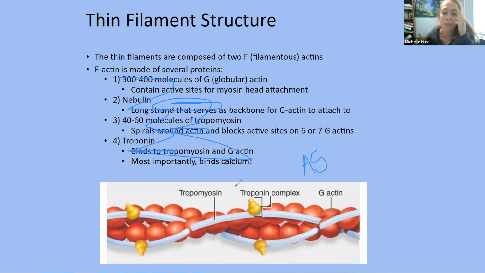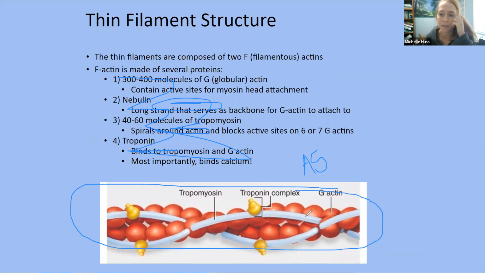So what you're looking at right now, the way that the tropomyosin is holding the actin, you can't see any active sites, so it's not sticky. It's just sitting there and nothing can stick to it. We'll see that's important later. So the active site of actin is covered right now.